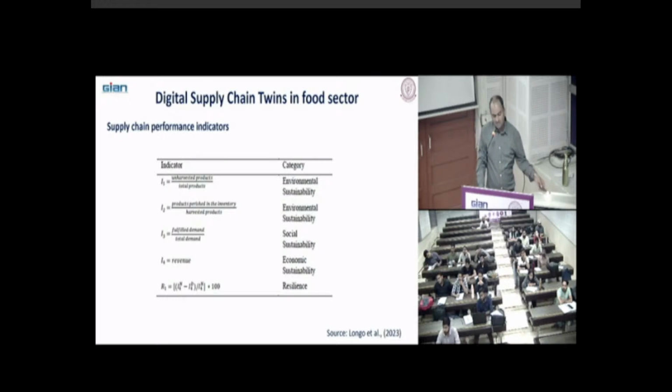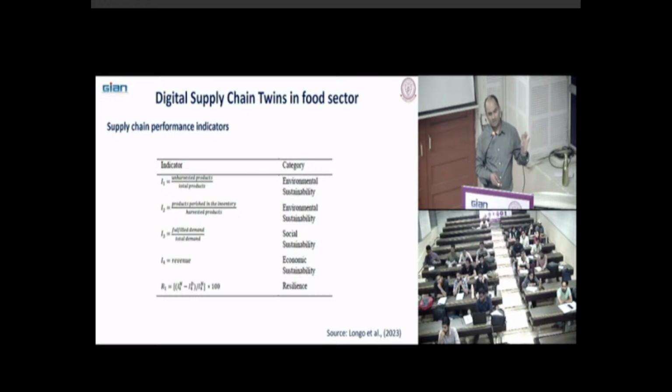Then they considered these indicator KPIs. Indicator 1 was environmental sustainability. What is that? Unharvested products over total products. How much cauliflower or product was available in total, and because of the unavailability of workers, how much product we lost.